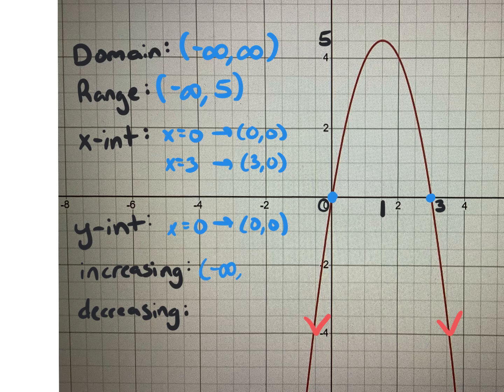Yep, remember we want the x values, so we stop increasing at 1. At 1, what do we start doing? Decreasing. So decreasing from 1 to, yes, positive infinity. And again, even though it's going down, why is it positive infinity? Because we're dealing with the x values for the increasing and decreasing. Good.